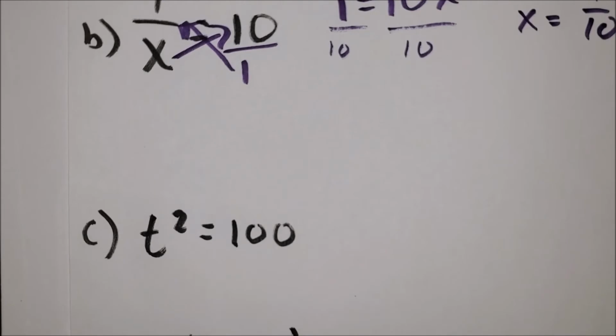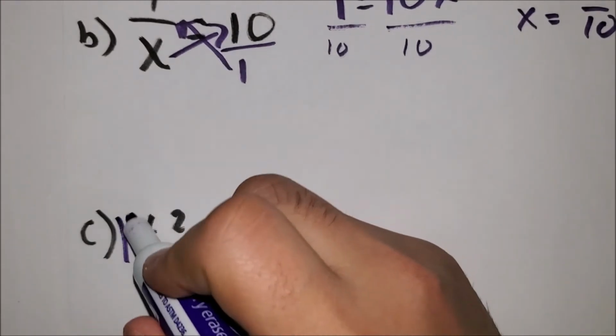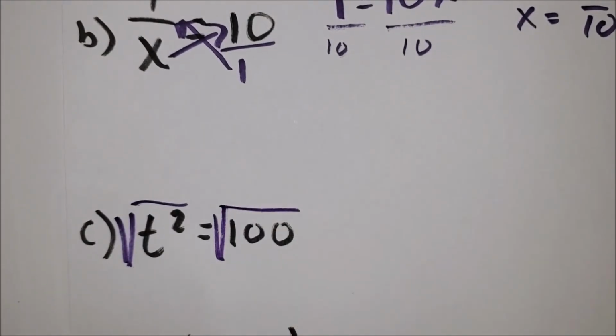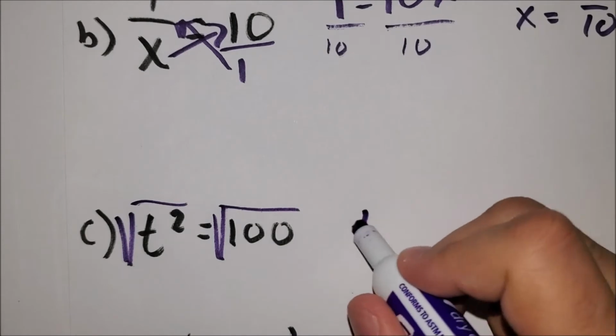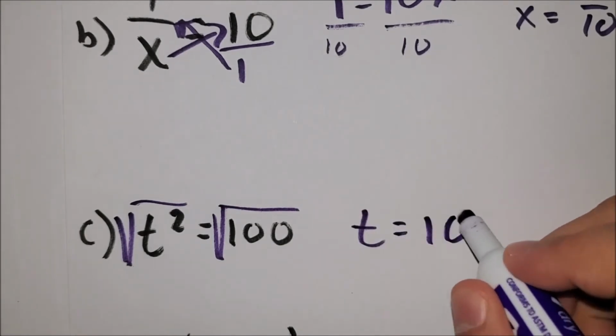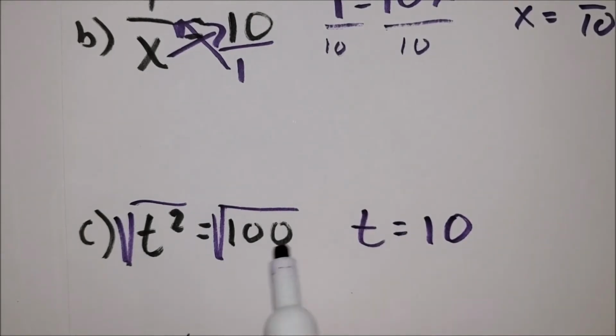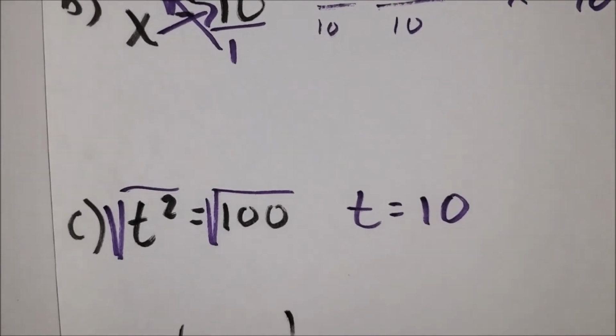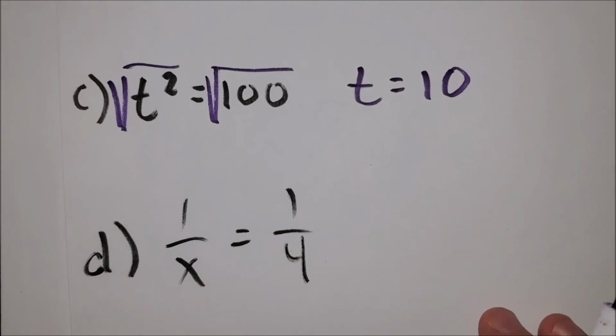So let's look here. We've got t squared equals 100. To solve this, we just square root both sides. This gives us that t equals 10. The square root of 100 is 10. Our last example here is actually a little more interesting.